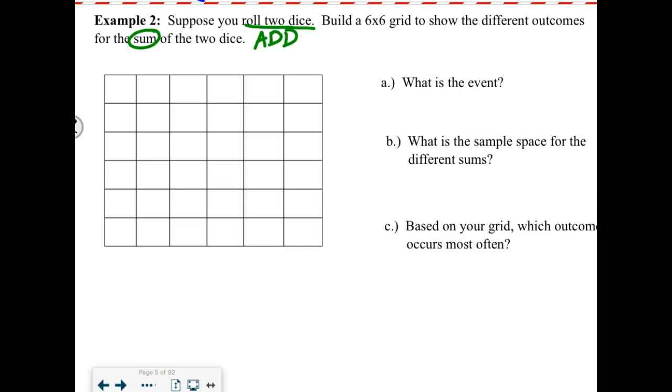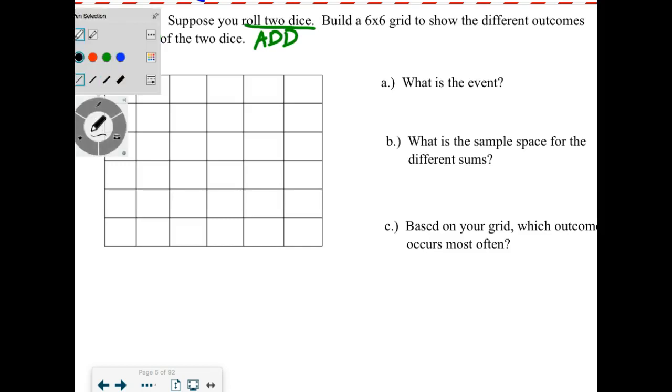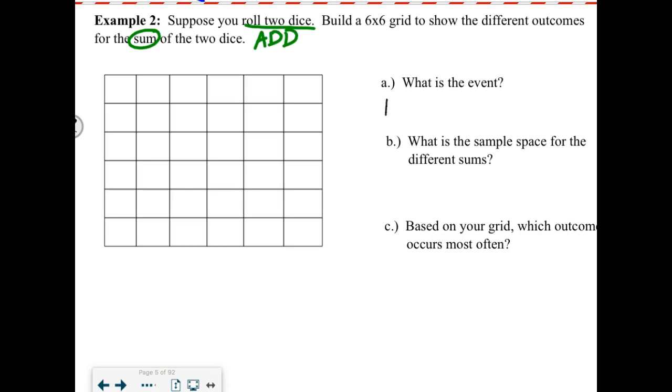Before we fill in the grid, what are we trying to record? Well, what are we doing? We're going to be rolling 2 dice and finding the sum.